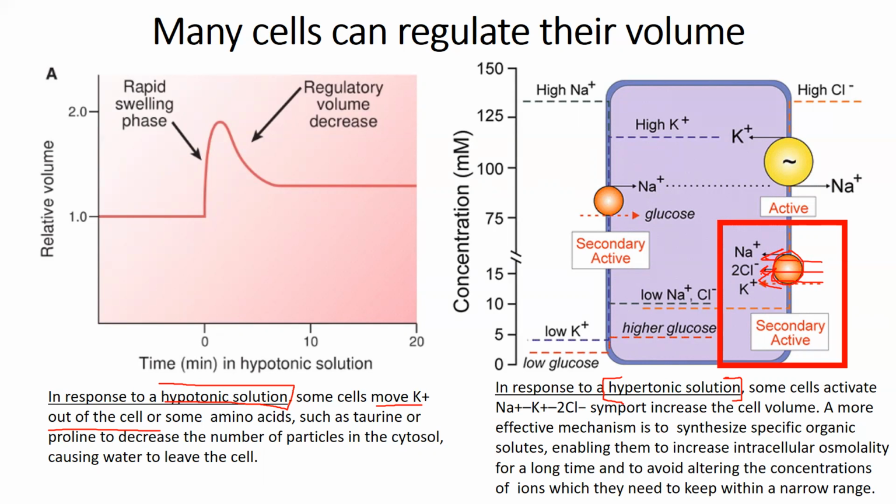And so this will increase the solutes inside of the cell to regulate its volume, and water will be attracted to the inside along with this. Or they will synthesize more proteins inside of the cell to increase the solutes, and this will attract water to the inside. Any questions?